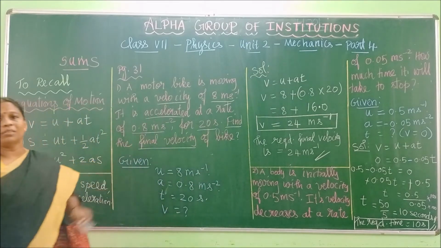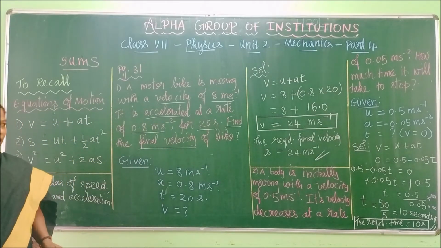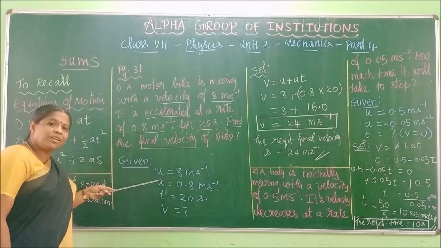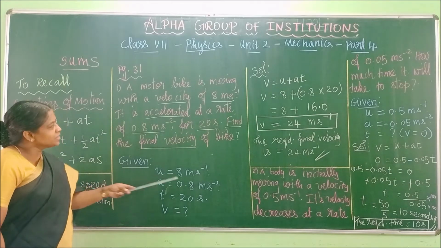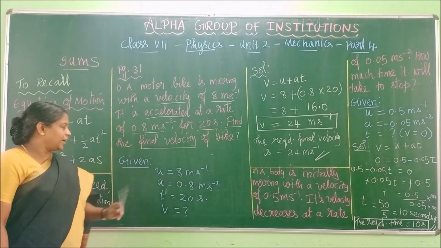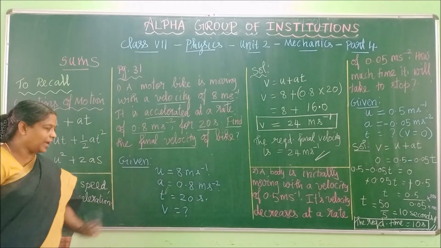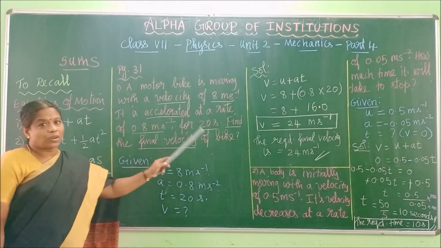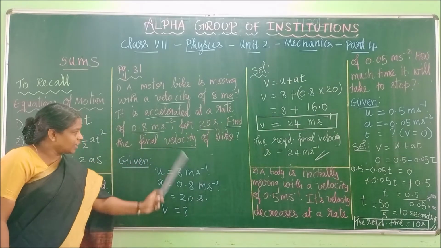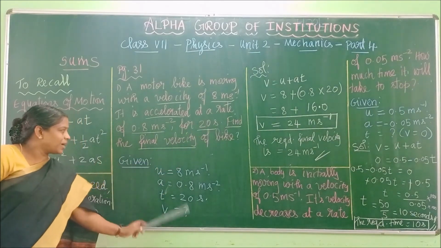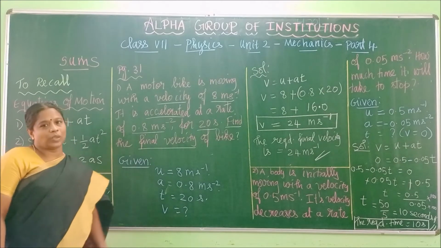So automatically the value given is the initial value only. Initial velocity symbol is u. u is 8 meter per second. Accelerated, acceleration value is 0.8. Time is 20 seconds. Find, question mark, final velocity, symbol is v.